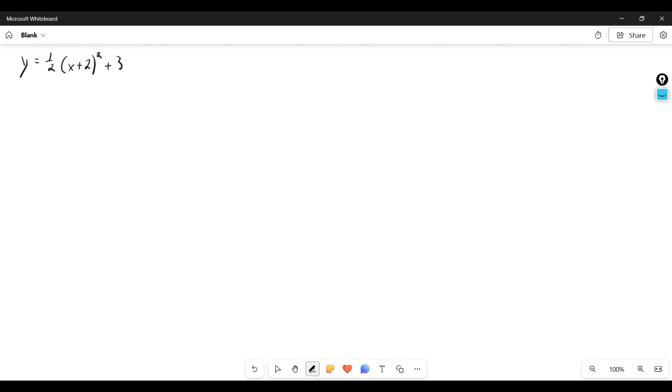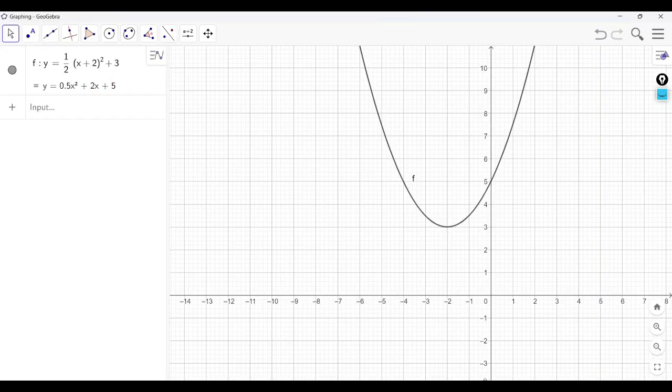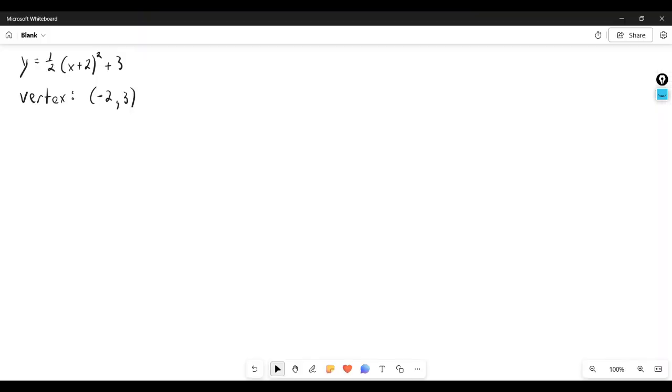All right, so that vertex will be at x is -2 and y is +3. Double check I got that equation right. Yeah. Okay, and you can see the vertex matches with what we found. All right, how about those x-intercepts? Let's see what's happening with that, because it doesn't go through the x-axis.